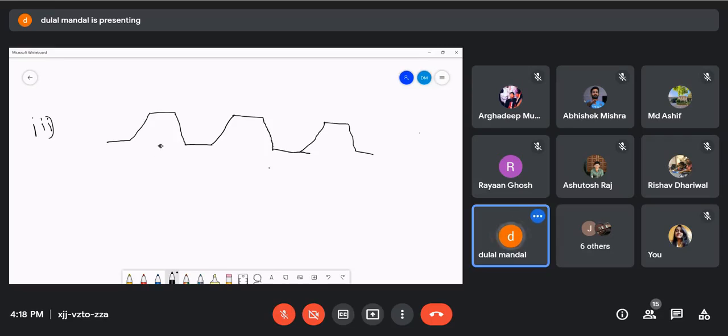This angle is also 45 degree, and this angle also 45 degree. So this is the acme thread. One more I'd like to give you, as another use is there. This is number 4.